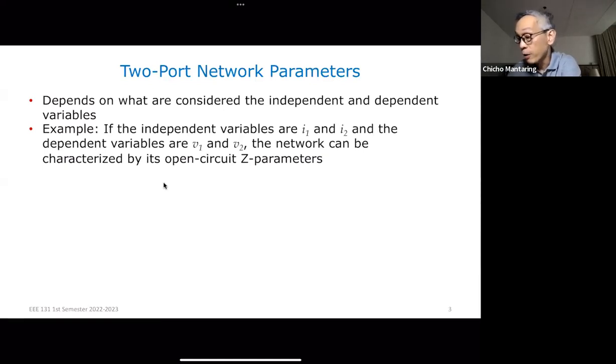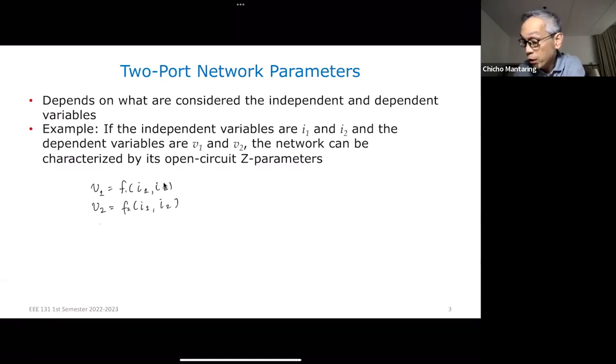So your dependent variables are V1 and V2. Therefore, we express each dependent variable as a function of your independent variables. So V1 will be a function of I1 and I2, and then V2 will be a function of also I1 and I2. This is function 1, this is function 2.